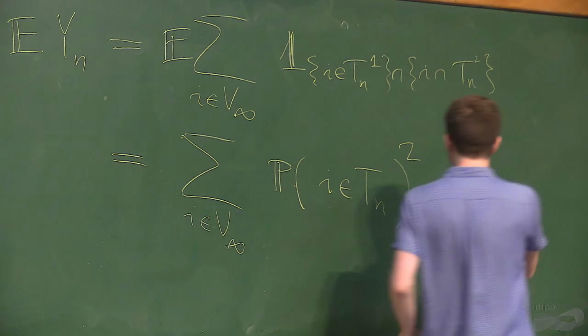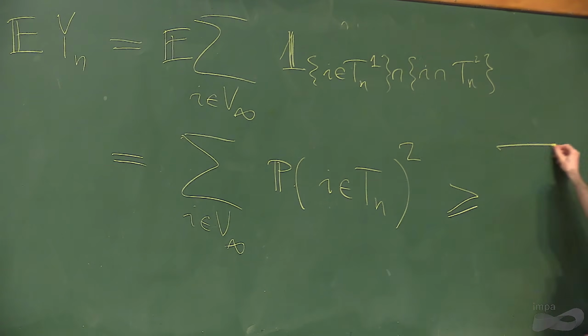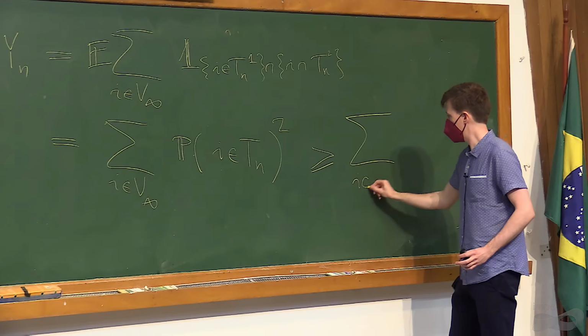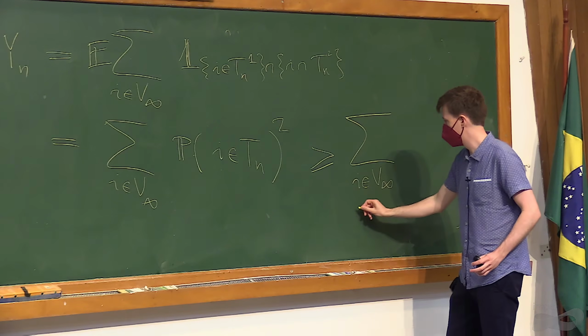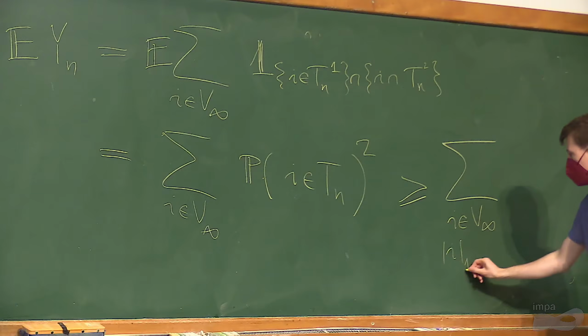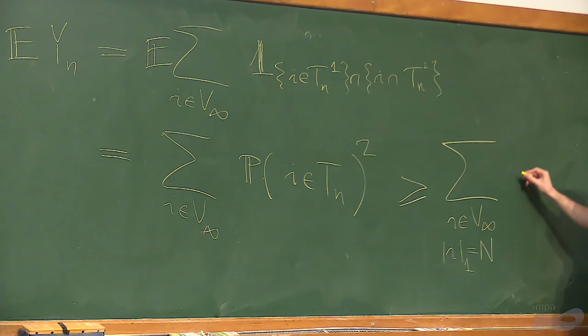And, we'll further lower bound this by just looking at vertices at a particular level N, where we're going to choose this level appropriately.